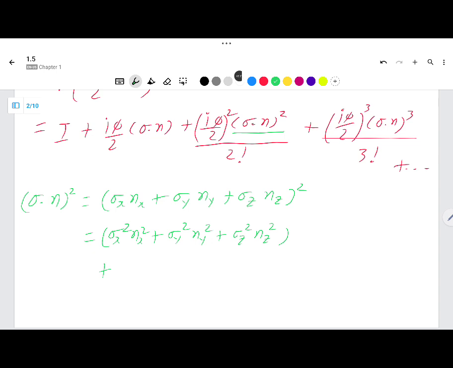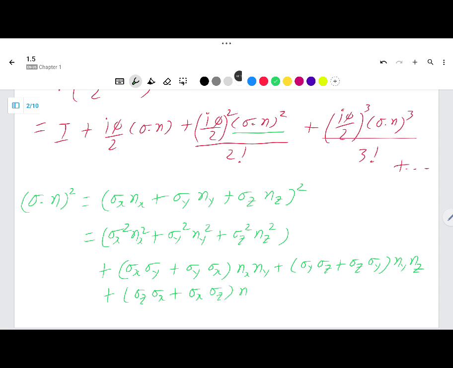So there is sigma x sigma y plus sigma y sigma x times n x n y, plus sigma y sigma z plus sigma z sigma y times n y n z, plus sigma z sigma x plus sigma x sigma z times n x n z.